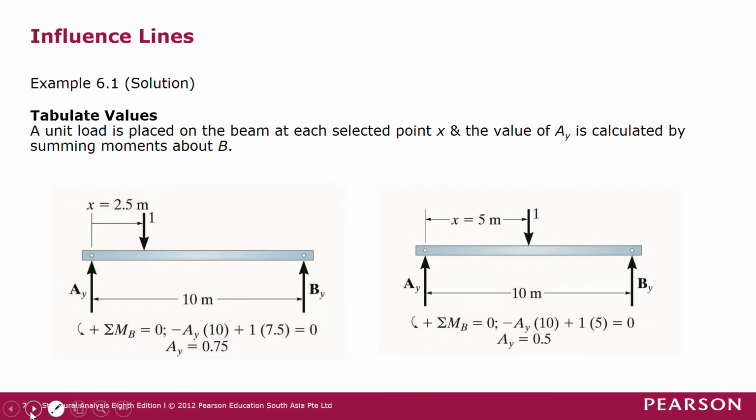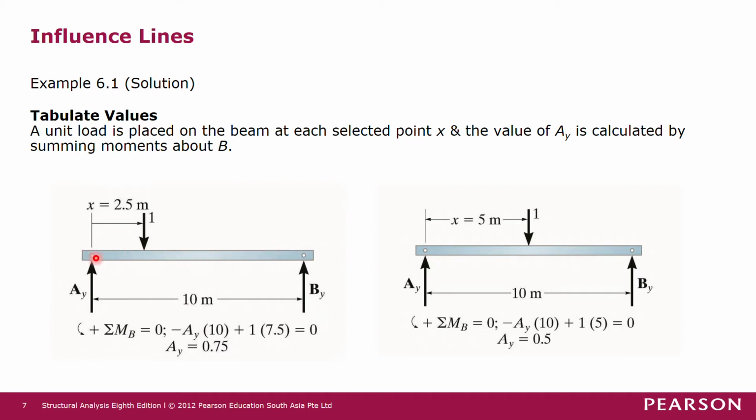Okay, so the method of tabulated values is that we place a unit load at certain points of the beam. In this case, we may divide this beam into 4 similar segments.